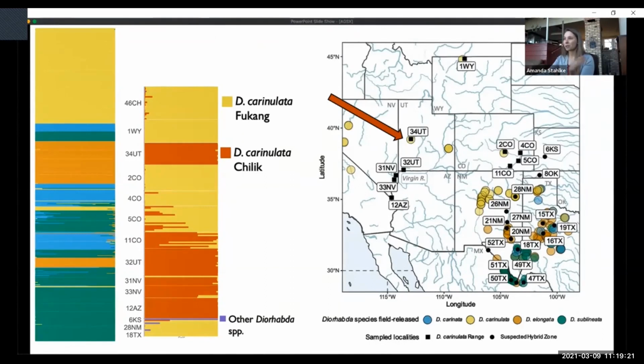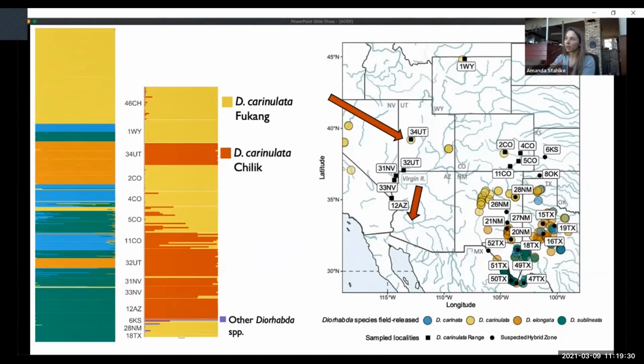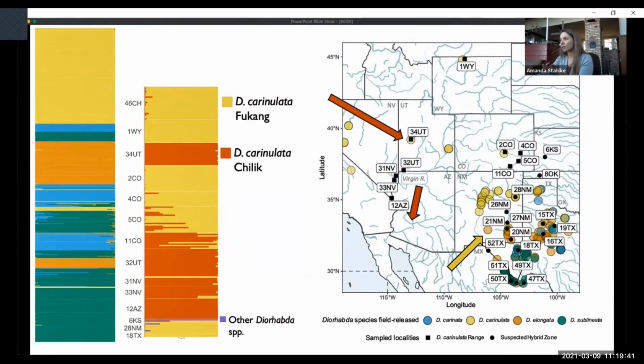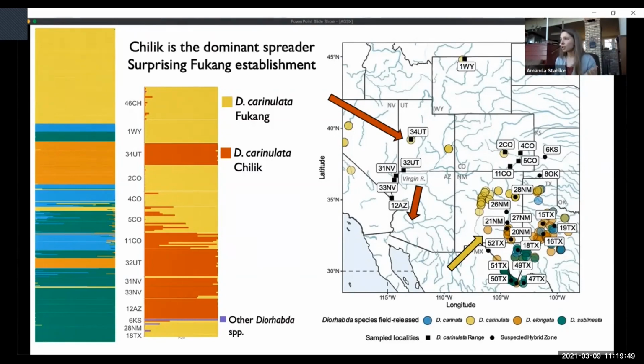So we see a little bit of admixture between the Chilik ecotype and the Fukang ecotype. But the dominant spreader down this Virgin River expansion corridor is the Chilik ecotype, which is interesting. And surprisingly, we found Cernulata further south in this suspected hybrid zone than was expected at 28 New Mexico and 18 Texas. Okay, so Chilik is the dominant spreader, and we had surprising Fukang establishment.